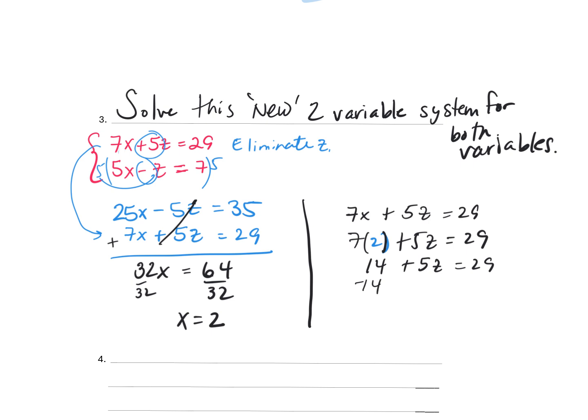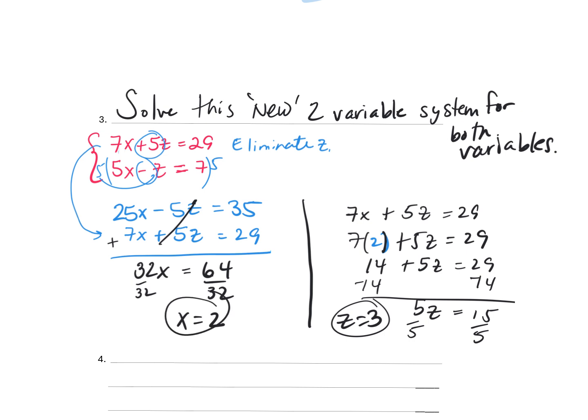Subtract 14 from both sides. 5z equals, so 29 minus 14 is 15. I divide by 5, divide by 5. So I have z equals 3. So I have this value and this value so far.